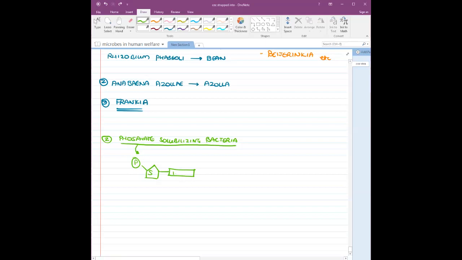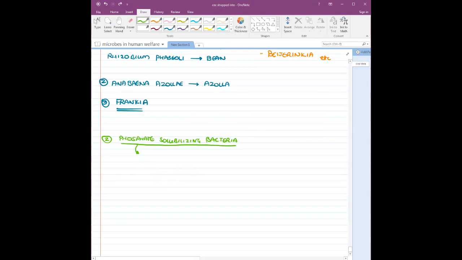But is it going to be readily available? No, this is not readily available, guys. So what happens is I need to break down this insoluble organic or inorganic phosphate, and then I have to convert it into soluble phosphate, or some phosphate compounds.